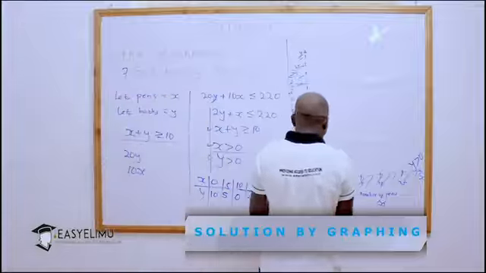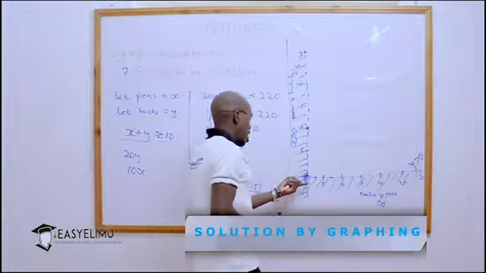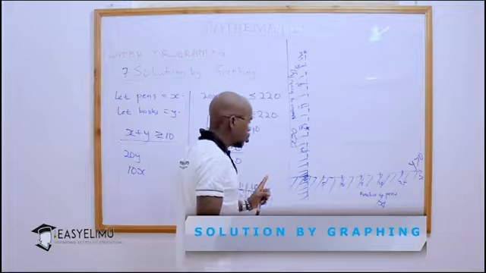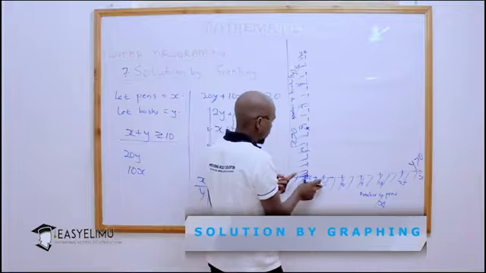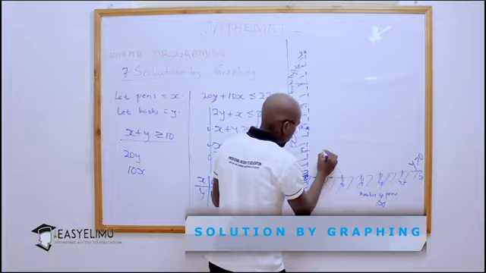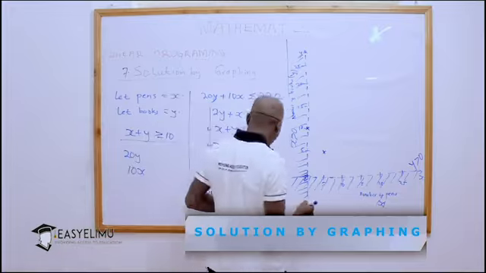So we can plot this one: 0, 10. If x is 0, the line will pass through this point. If the number of pens is 5, then that of books should also be 5, so it is somewhere in the middle there. Then 10, 0.